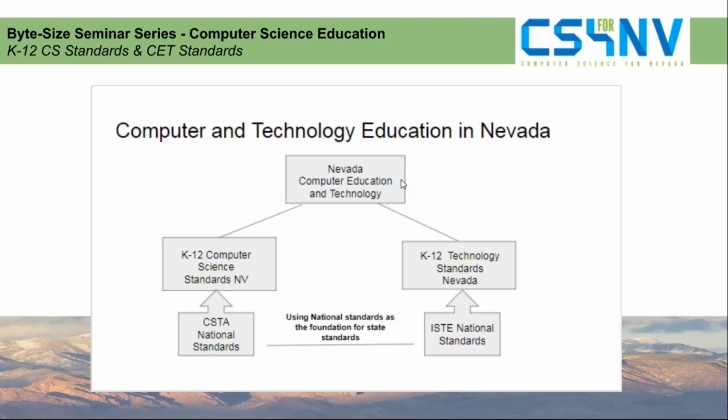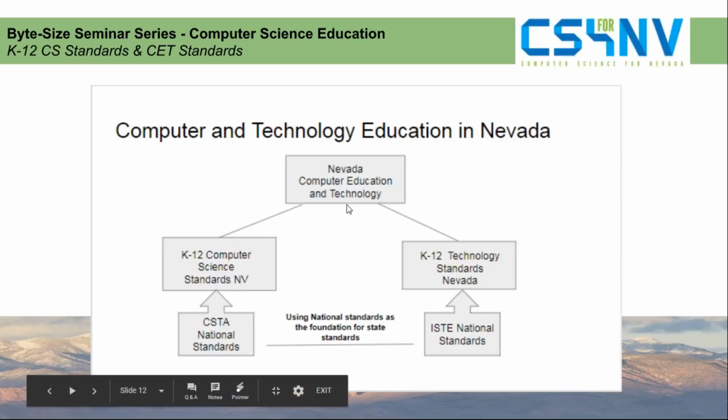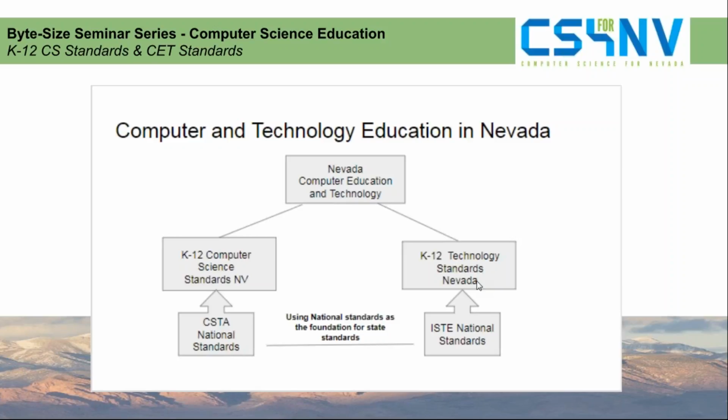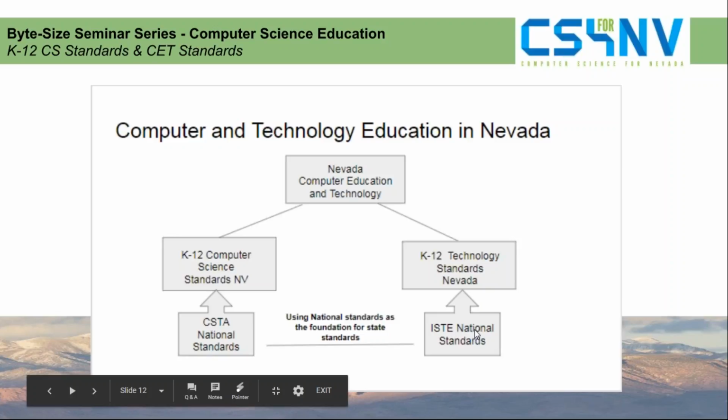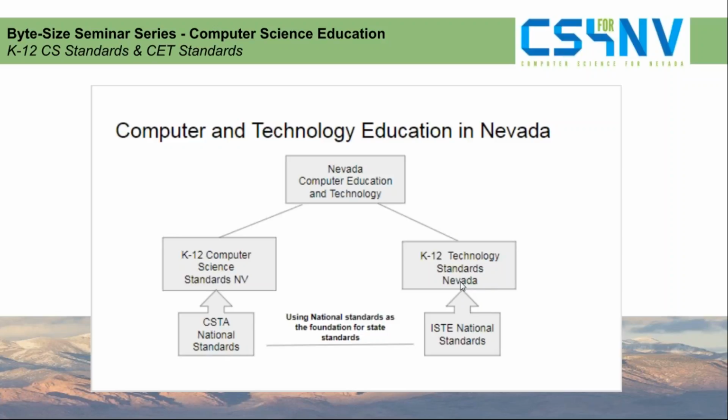We've got computer ed and technology as our main subject area, and the two prongs underneath are the K-12 computer science standards that are built off of the national CSTA standards, and then the other prong is the K-12 technology standards that we've already had that are built on the ISTE national standards. I'll talk about this in a minute, but the technology standards were written back in 2010, so they're due up for review coming here very shortly.